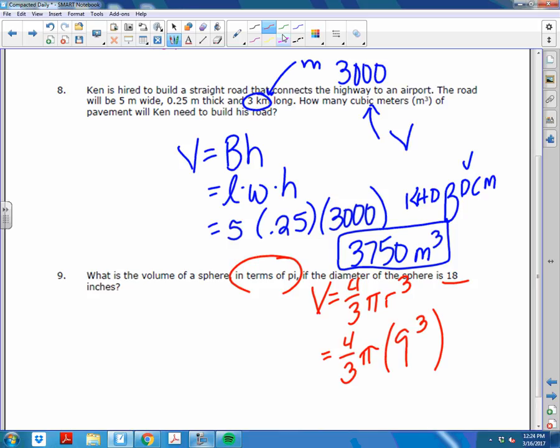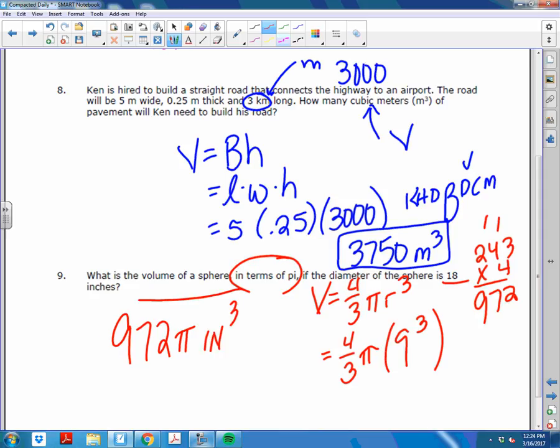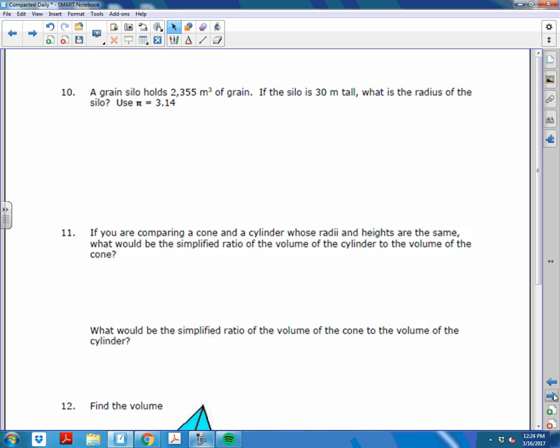So, wait, I can do it. 243 times 4 is 972. 972 pi inches cubed. I set it up to be easy, and then I made it harder. That was stupid. Lots of mistakes. See?